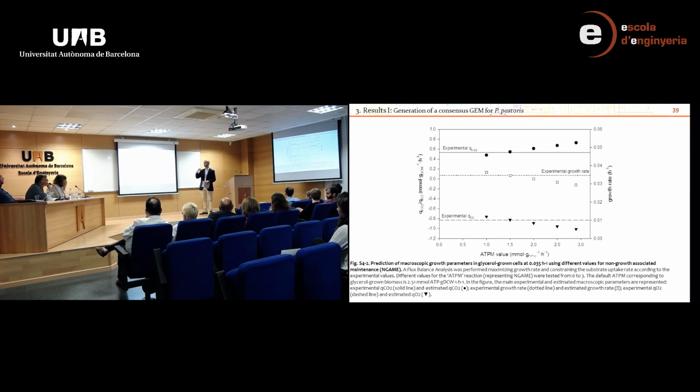So going to lower dilution rates or even higher, we are not sure that our model is able to reproduce the experimental data. In this case, we realized that there was a difference in the required energy requirements, so we had to reduce them to a new value if we want to accurately describe the growth profile at this growth rate.